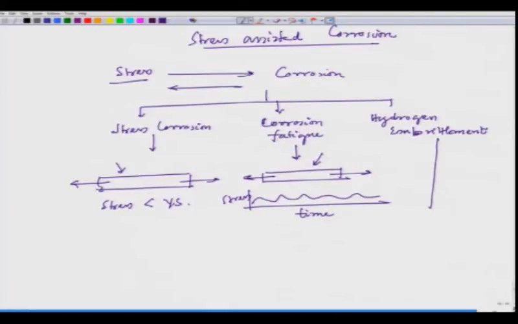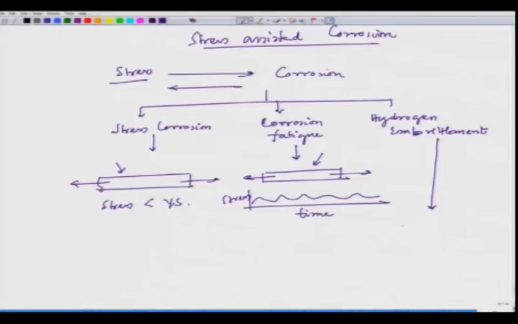And the other effect is called hydrogen embrittlement, which acts if the component is in an active hydrogen environment. Active hydrogen means, for example, that some cathodic reaction, H plus plus e, is taking place.